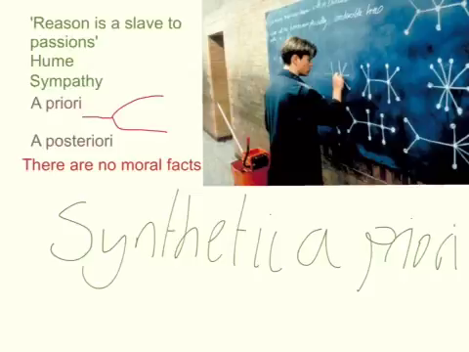For Kant, then, this meant that a moral statement such as it is wrong to lie was true a priori, which means independent of experience, so before experiencing the world, it's true that it's wrong to lie, but synthetic, which is not analytically or necessarily true.